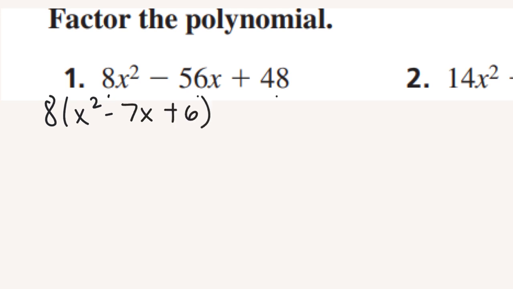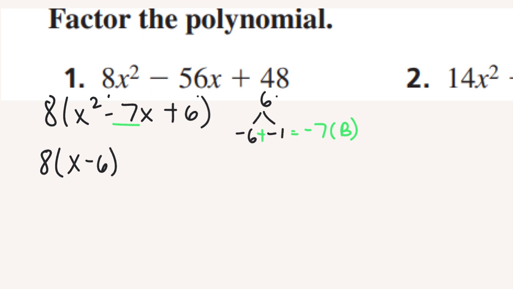C is positive, B is negative, so P and Q are both going to be negative, correct? So negative 6 and negative 1, when added together, gives me negative 7, and that's my B. So I'm going to have 8 times x minus 6 times x minus 1. And that's my answer.